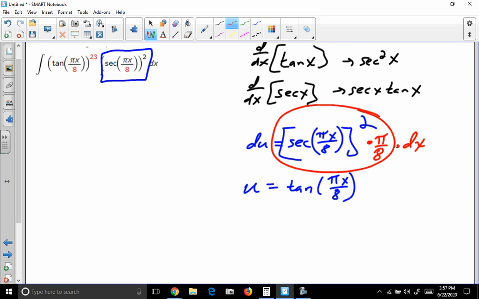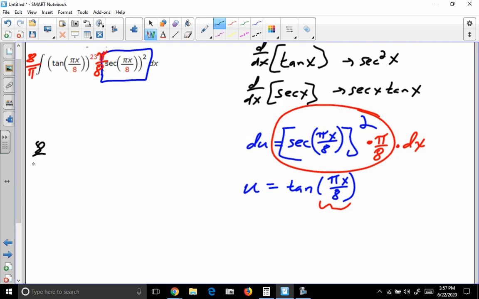So du includes a pi over 8 with that secant squared. We need a pi over 8 there, which means we need to put 8 over pi on the outside.